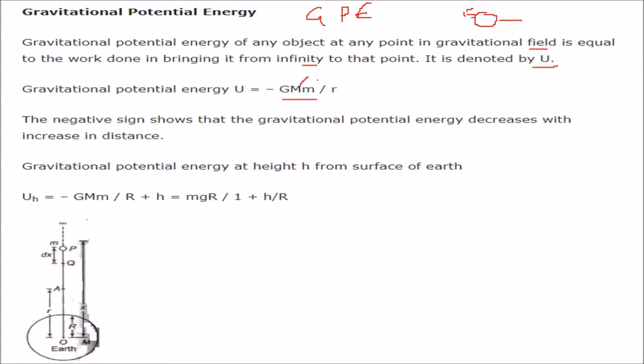This capital M in this case is Earth. This small m is the body's mass. Again we have a negative sign. This shows that the gravitational potential energy increases with the increase in the distance.